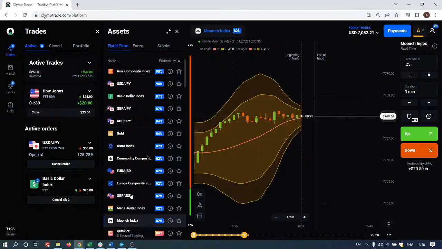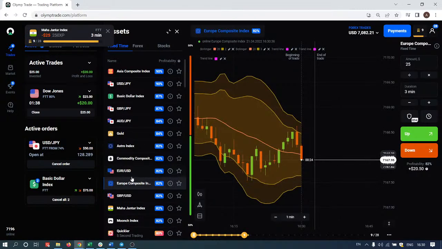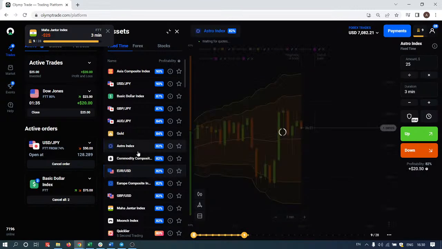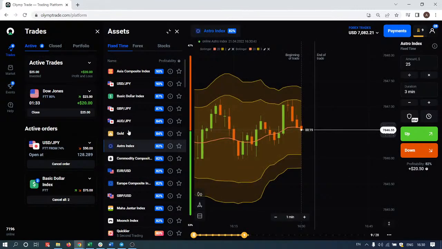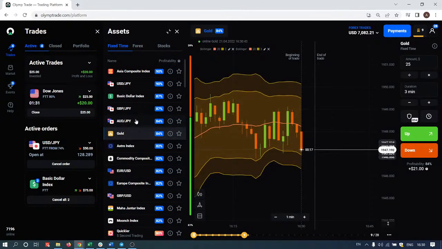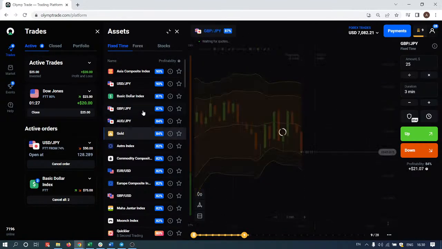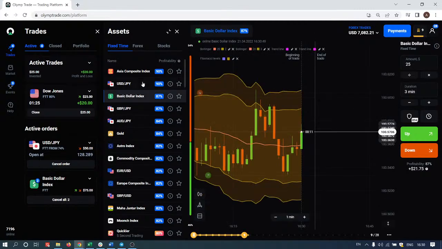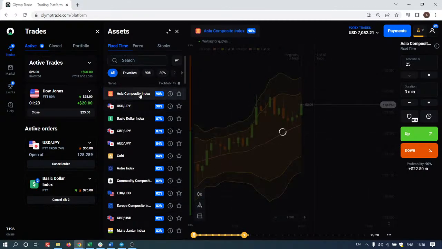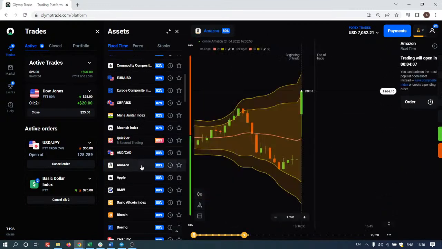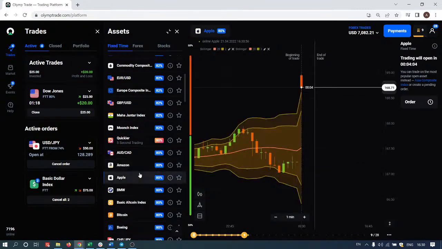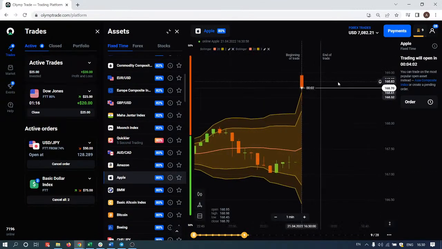Well, I will not exclude it from my attention, from my focus. Wow, Apple.